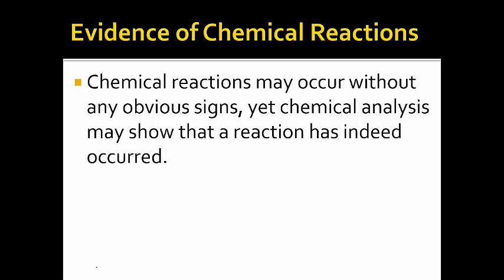We would have to look at things at the molecular level in some instances in order to actually see that a reaction has occurred. And we don't generally deal with reactions that require that level. Most of the time, the reactions that we deal with on an everyday basis display one of those 4 or 5 indicators of a chemical reaction occurring.